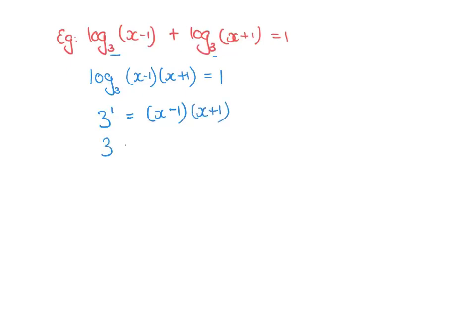So that's 3, and then you could expand that out, so x squared minus 1, and then you could bring the 1 over here, so 3 plus 1 equals x squared, so 4 equals x squared. So then plus or minus the square root of 4 equals x, so x equals plus or minus 2.